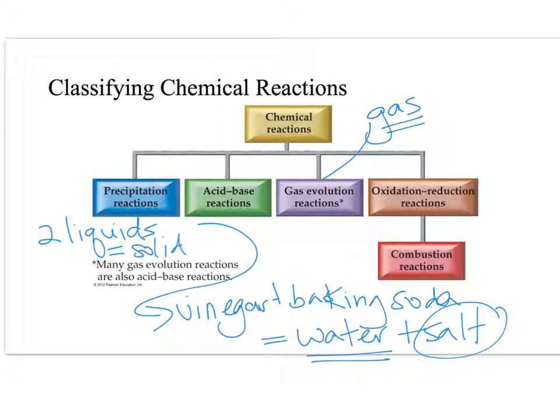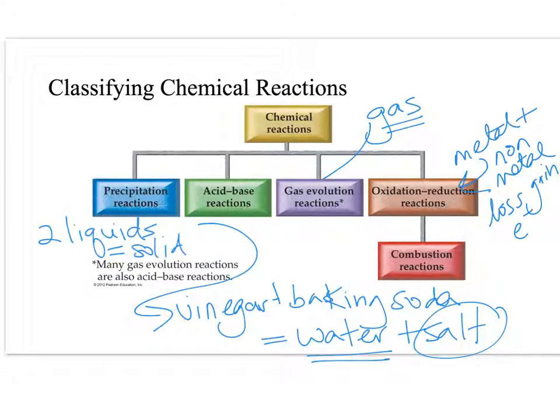And then lastly, oxidation reduction reactions. That's going to be where we have a metal plus a non-metal, and we're looking at the loss or gain of electrons. That's going to be the main hint that we're looking at an oxidation reduction reaction.